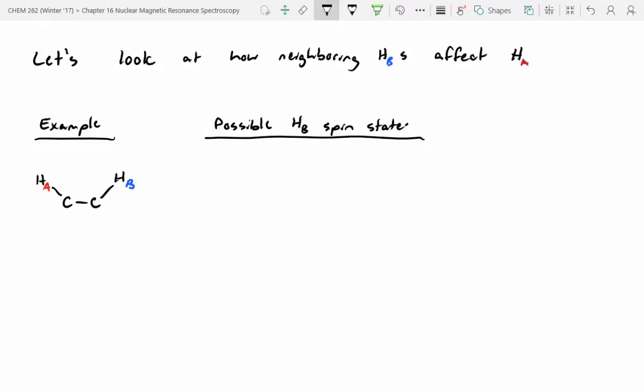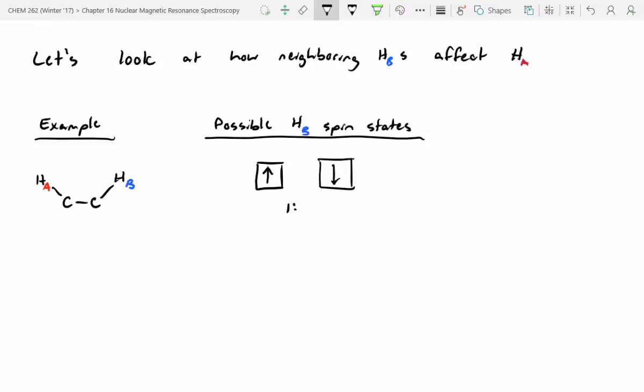I don't want to overly complicate things. So if we look at HB here, we know it can be spin up or spin down, right? So what I'd like to do is just show this using squares. So HB could be either a nucleus that's relatively spin up, or it could be relatively spin down. And the ratio of it being spin up to spin down is going to be what? 50-50. It's an even chance.